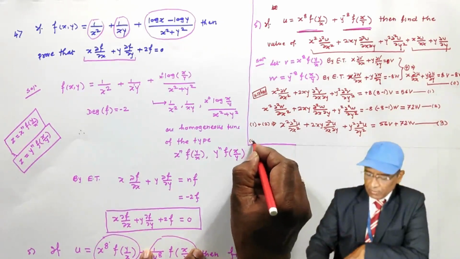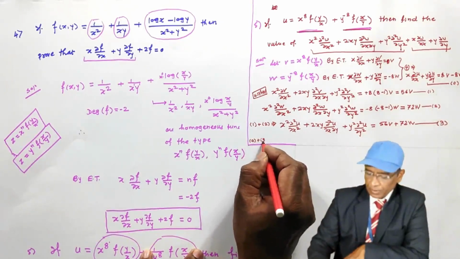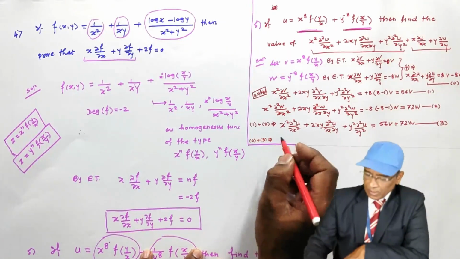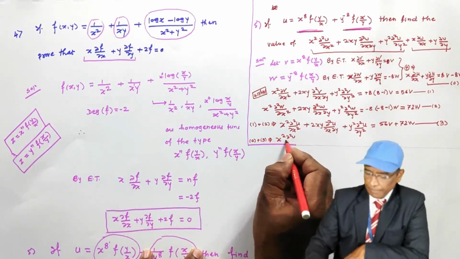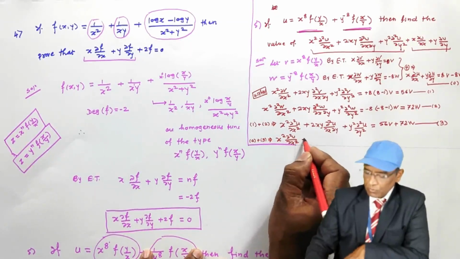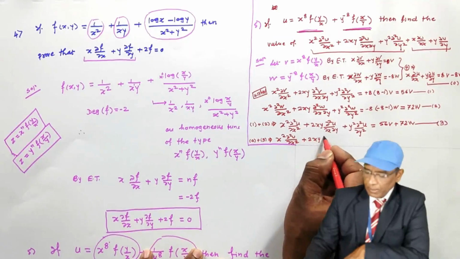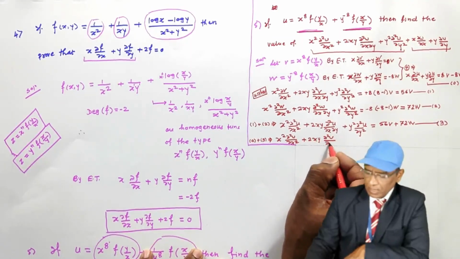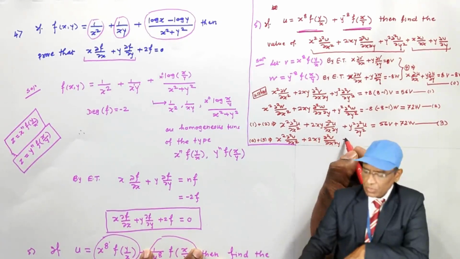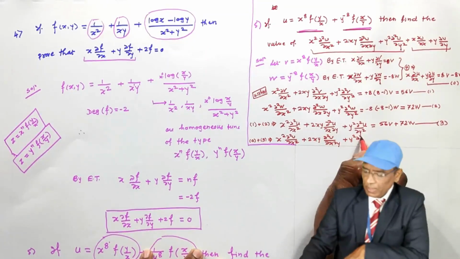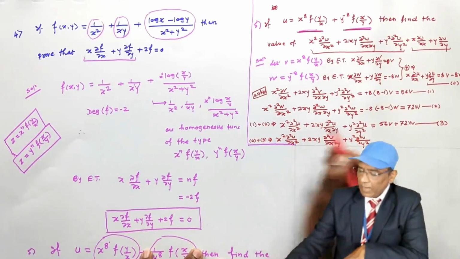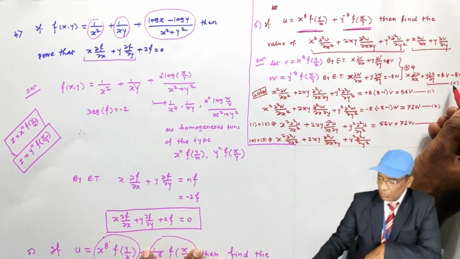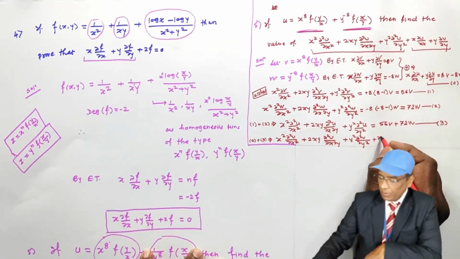What will you get? x square del 2u by del x square plus 2xy del 2u by del x del y, as it is. Complete thing is as it is. y square del 2u by del y square. This component of equation 3 and this side of equation 0 is what? x del u by del x plus y del u by del y.